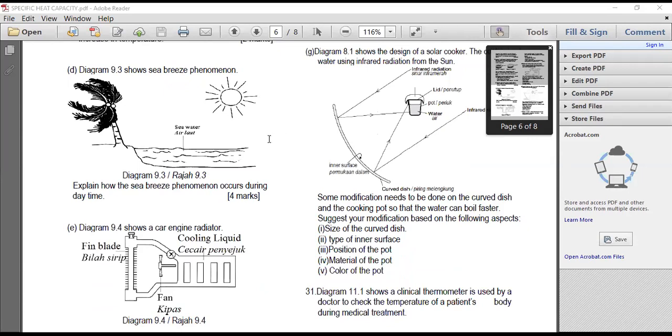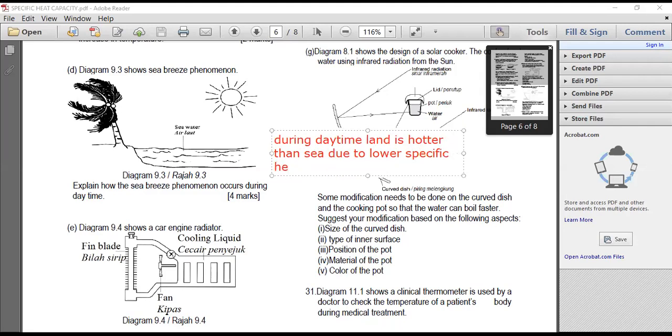So you can say, during daytime, land is hotter than sea due to lower specific heat capacity.